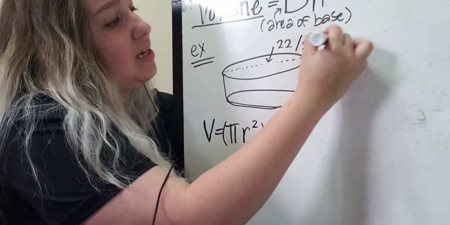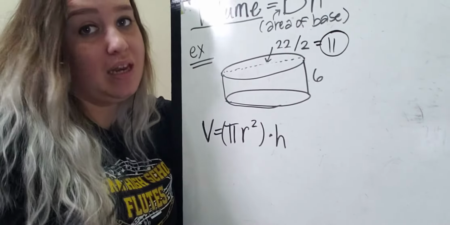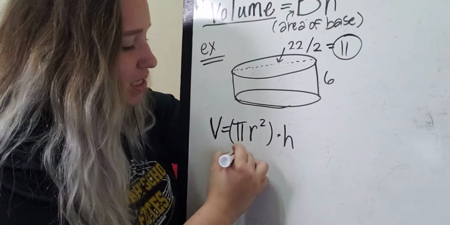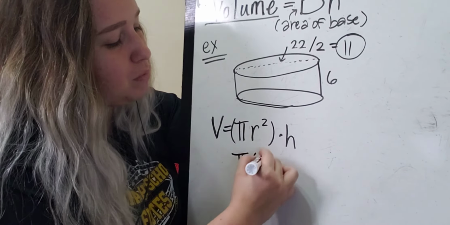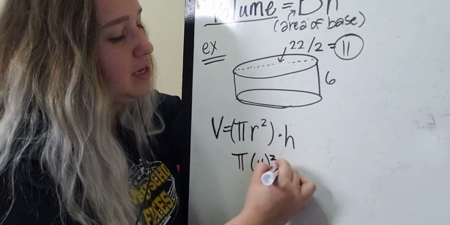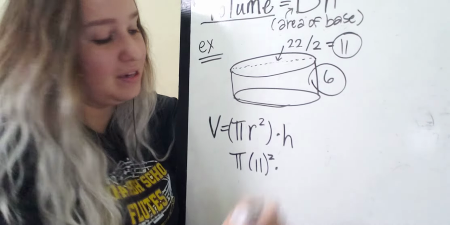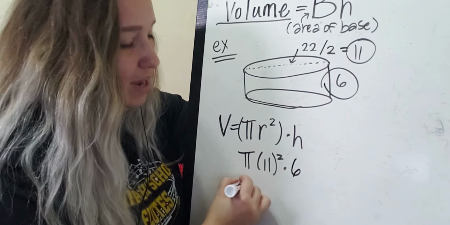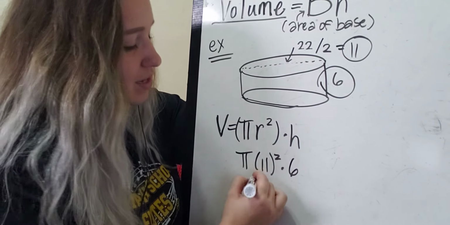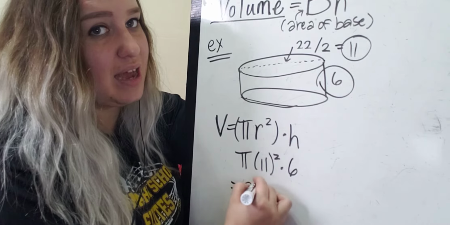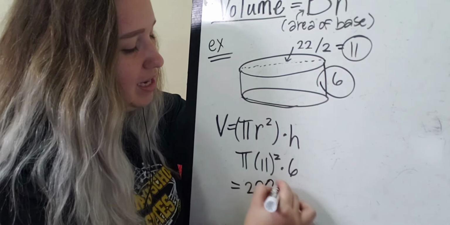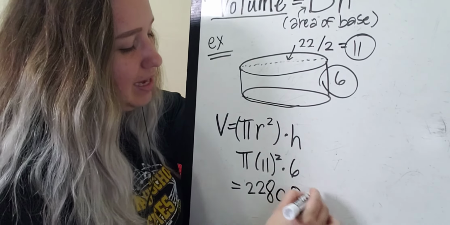And it gives you the number you need, 11. 11 is your radius. Pi 11 squared. And then our height is your only other number, 6. Type it all into your calculator and you get 2,280.8.